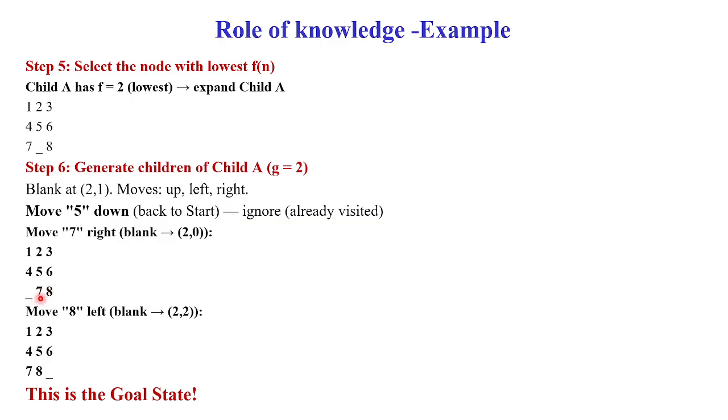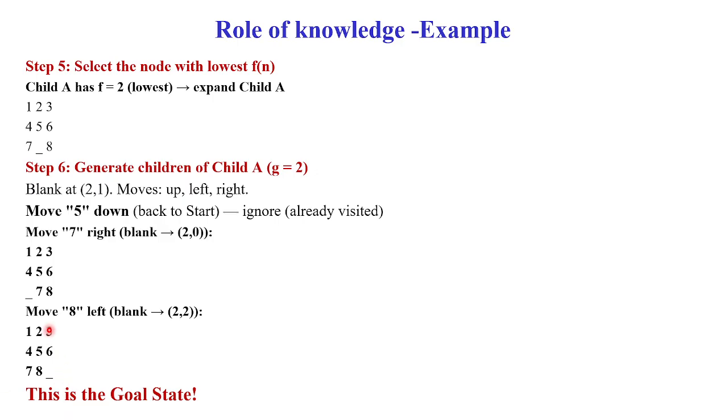Now 7 has become misplaced, and 8 is also misplaced. Again, this is misleading because it's away from the goal. Now, if I move the 8 leftward, and the blank moves, it's like 1, 2, 3, 4, 5, 6, 7, 8, blank. Now, this is your goal state.